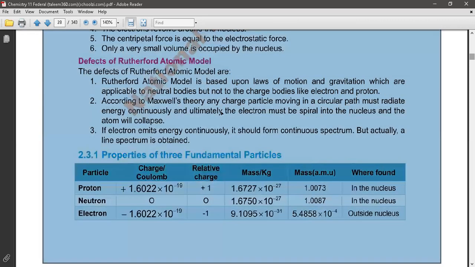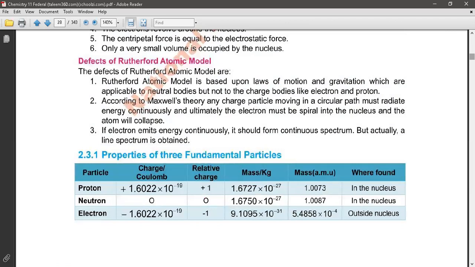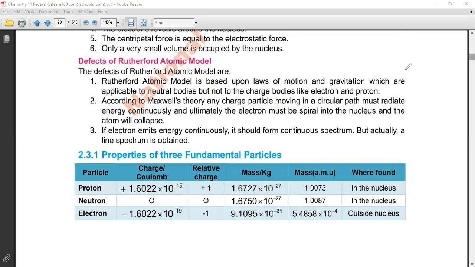According to Maxwell's theory, any charged particle moving in a circular path must radiate energy continuously, and ultimately the electron must spiral into the nucleus and the atom will collapse. What it explains over here is that an electron which is revolving has charge, so it will continuously emit energy, which is Maxwell's theory. Maxwell's theory states that any charged particle moving in a circular path will emit radiation or energy.